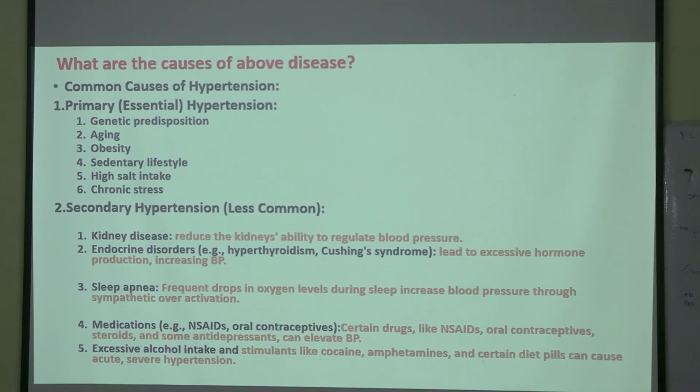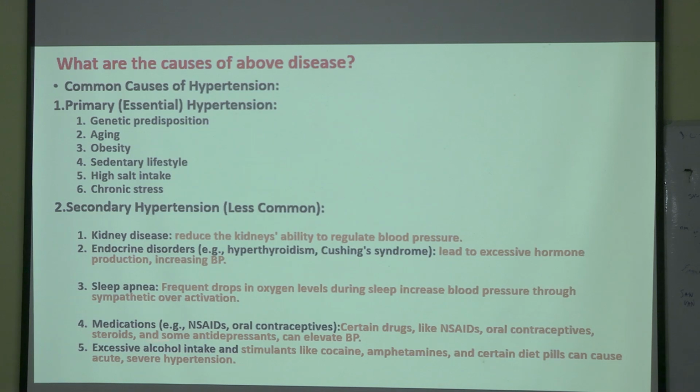If you see the medications, certain drugs are beneficial to cure certain diseases. At the same time, drugs have several negative impacts too. You can see certain drugs like non-steroidal anti-inflammatory drugs, some contraceptives, steroid drugs, some antidepressant drugs, they also can elevate blood pressure.